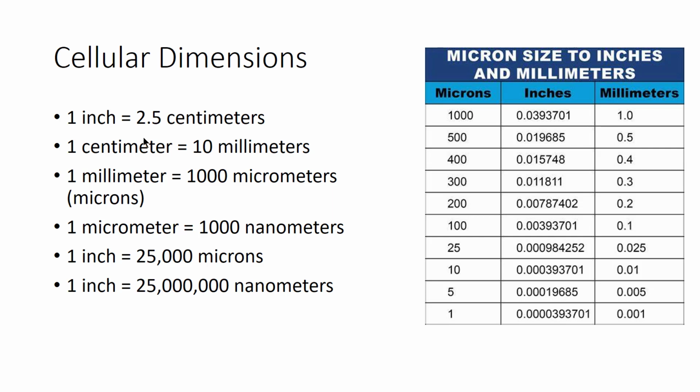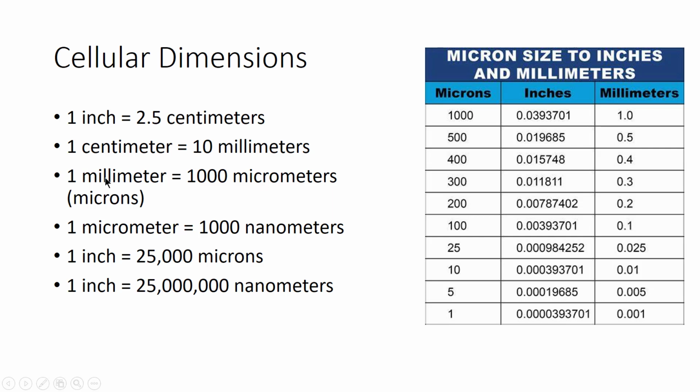Cells, as you already kind of know, are very small. You don't ever really see a cell with your naked eye. And we'll get to why that is here in a second, but just to put some numbers to it, an inch is 2.5 centimeters, 1 centimeter is 10 millimeters, 1 millimeter is 1,000 micrometers, okay?